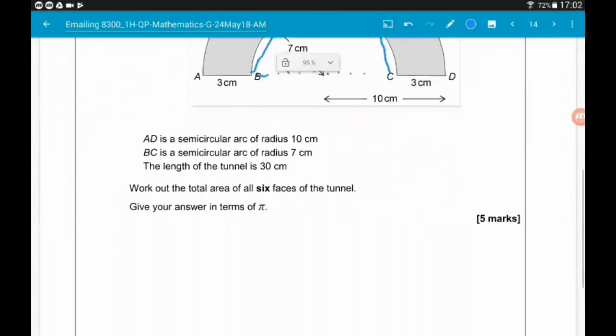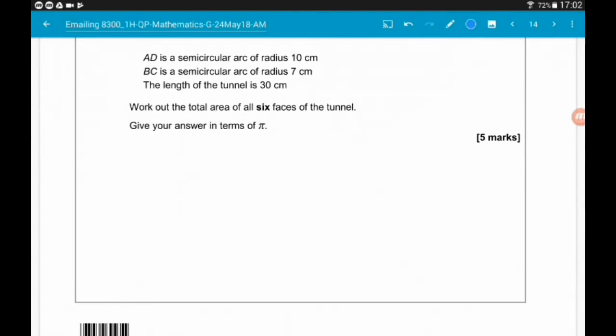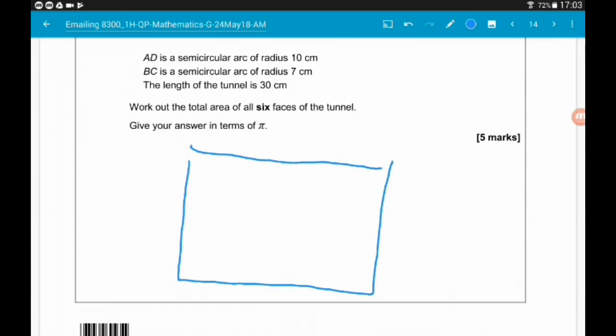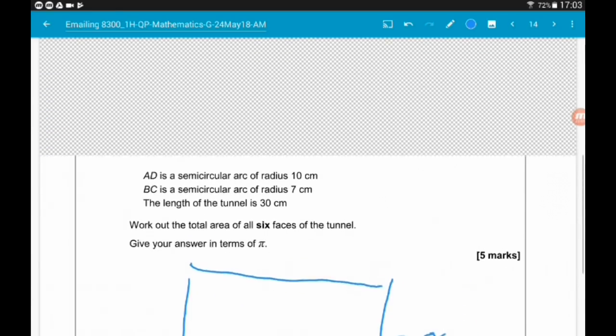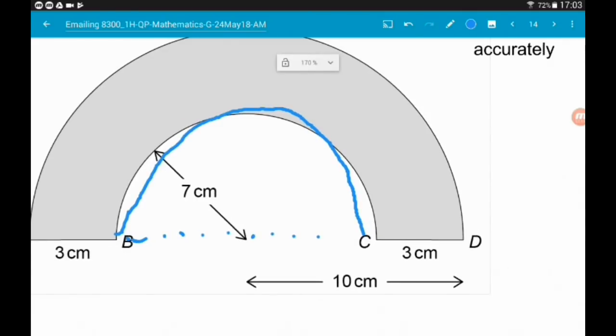Again, this inside face is going to be a rectangle, and again, one of the dimensions is going to be 30 centimeters. Now, again, this arc is half the circumference of this circle. This time the circle would have a diameter of 14.